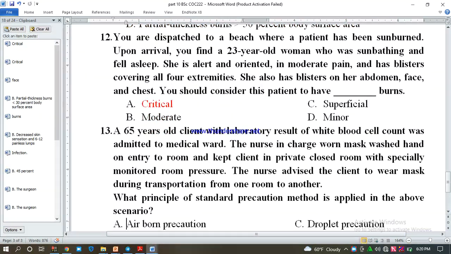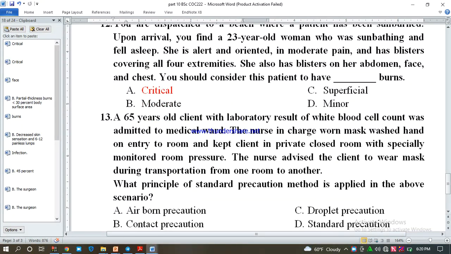The 13th and last COC question and answer for today: a 65 year old client with a laboratory result of increased white blood cell count is admitted to the medical ward. The nurse wears a mask, washes hands on entry to the room, and keeps the client in a private closed room with monitored room pressure.